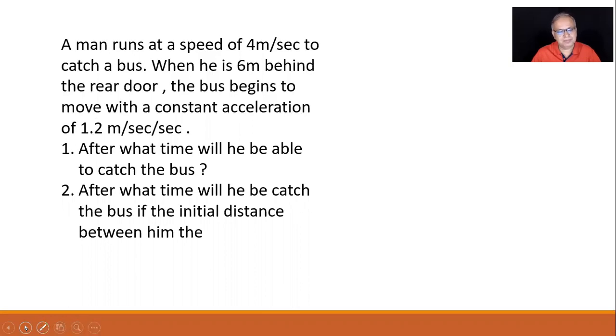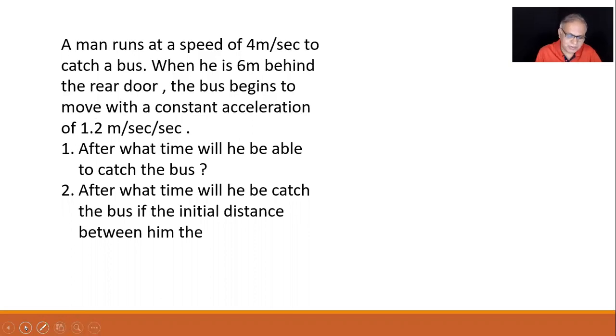A man runs at a speed of 4 meters per second to catch a bus. When he's 6 meters behind the rear door, the bus begins to move with a constant acceleration of 1.2 meters per second squared. After what time will he be able to catch the bus?